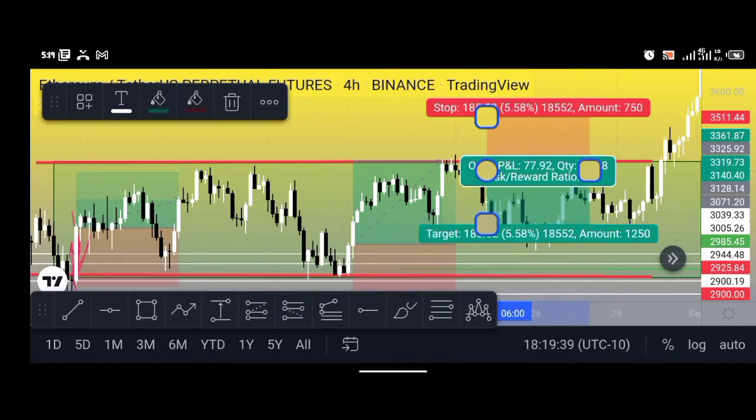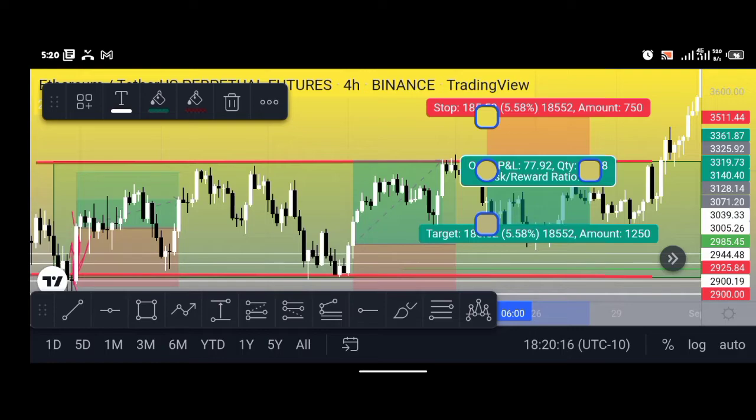This is where you can do 2 to 1 risk reward ratio, because you know that it's going to hit your target. So after placing your short tool here, you are going to make a profit of 5.58%. Divide the 5.58% into 2, so you know where you keep your stop loss.